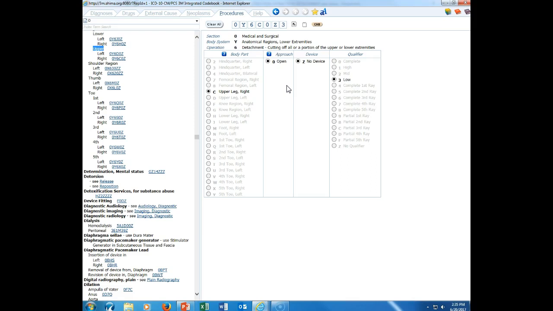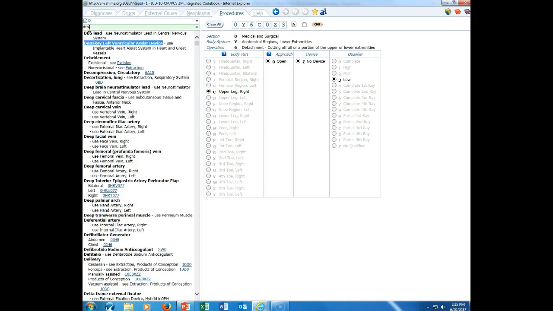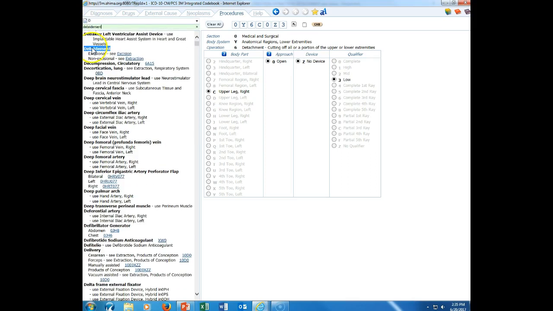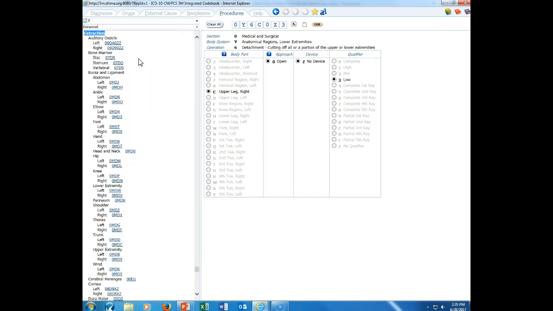Typically, anytime a non-excisional debridement is performed, the root operation is extraction. And so let's look at that in the index. If we go to debridement, non-excisional, it tells us to see extraction. Now, what we're actually extracting here is skin.